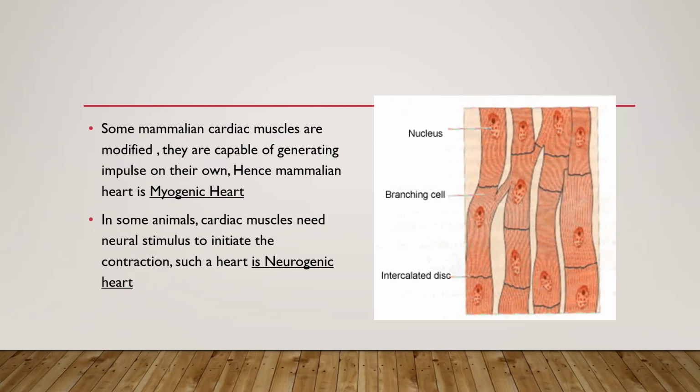But the endocrine gland needs a stimulus, and that stimulus is given by the central nervous system. Unless the endocrine gland gets stimulation from the central nervous system, the neural hormone will not be produced. So such is called a neural stimulus. Until neural stimulus is initiated, the contraction will not occur. Such a heart is called a neurogenic heart.